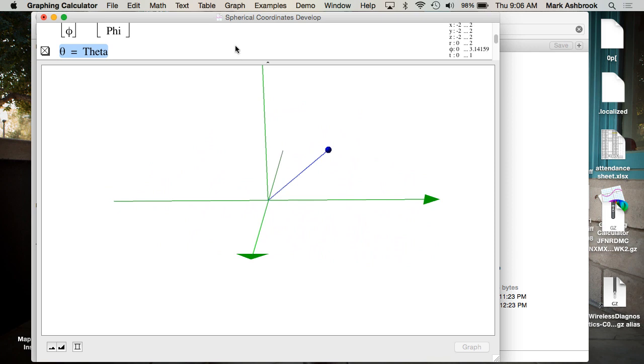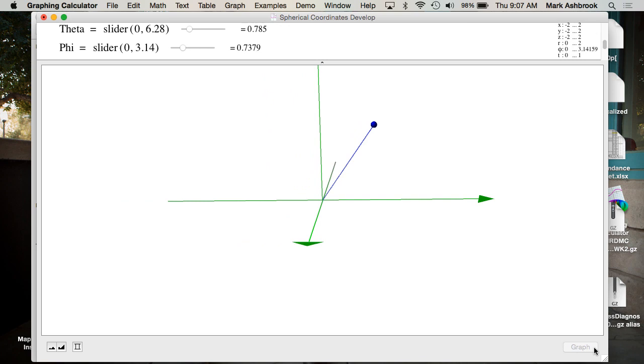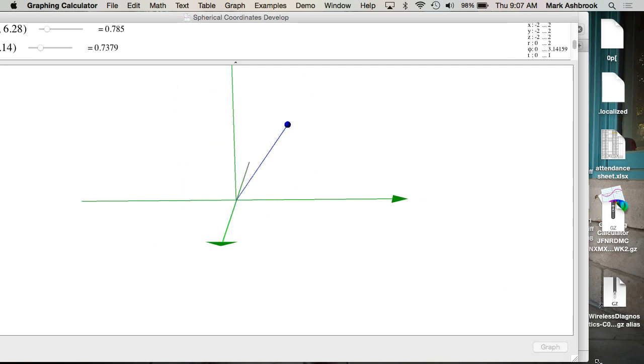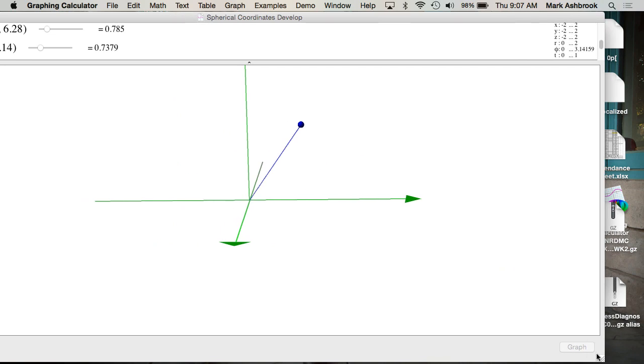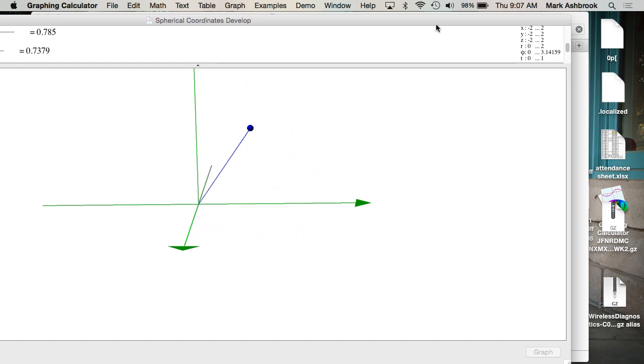Let me just tip phi up a little bit higher, so let's make phi more like pi over 6. We were drawing all these coordinates and finding the relationships between them, and that's going to be really important. Let's draw it here.